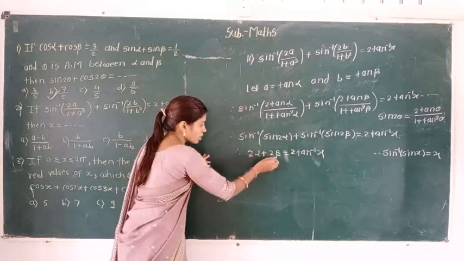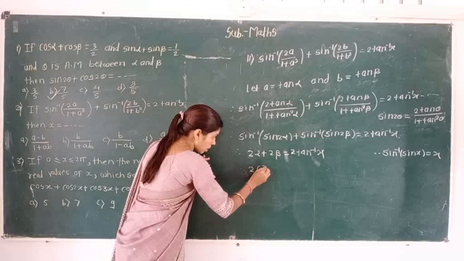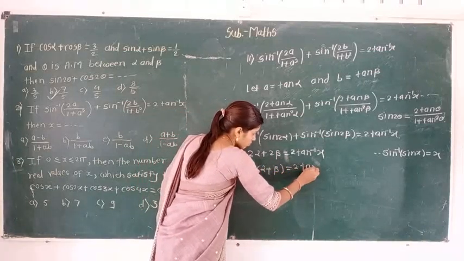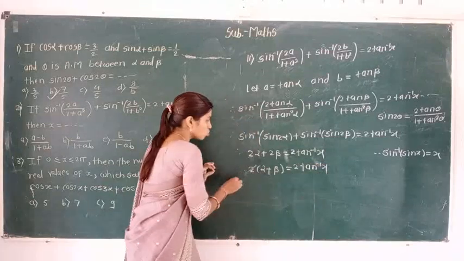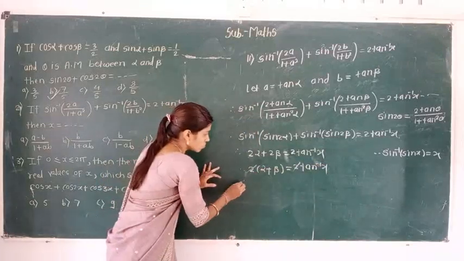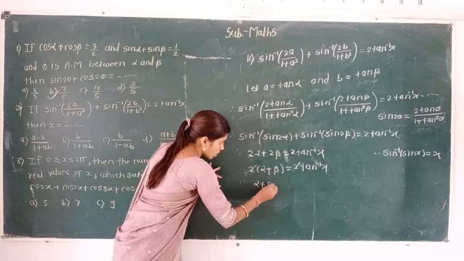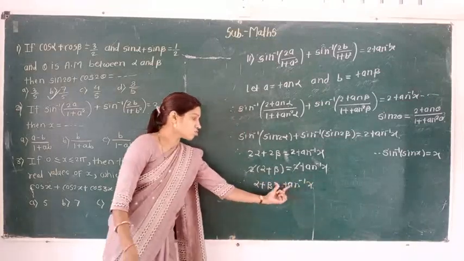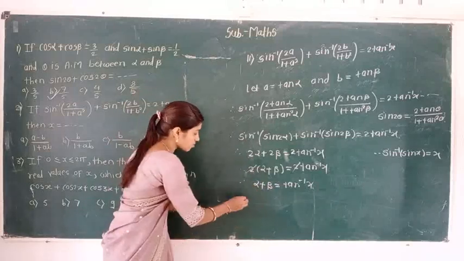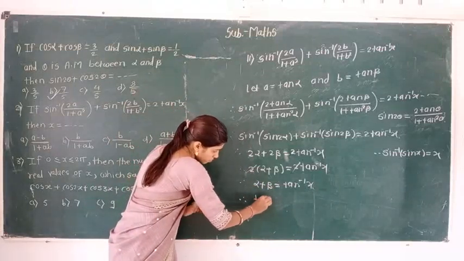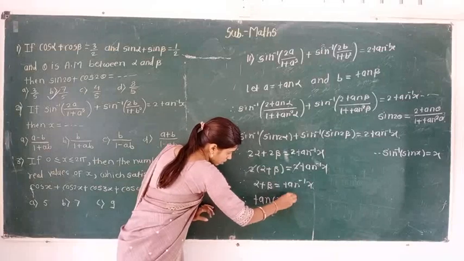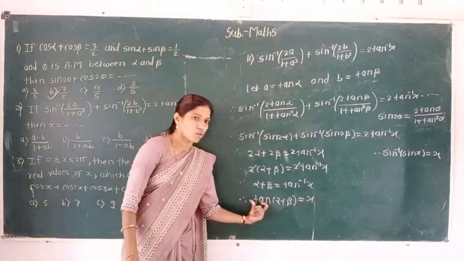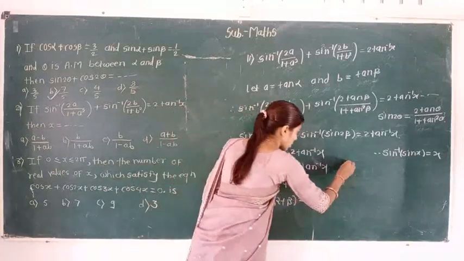So taking common factor 2, in bracket alpha plus beta is equal to 2 tan inverse x. So 2 gets cancelled, we can write alpha plus beta is equal to tan inverse x. So this inverse function will transform to the left hand side, we can write tan of alpha plus beta is equal to x. Okay, so we know the formula for tan alpha plus beta.